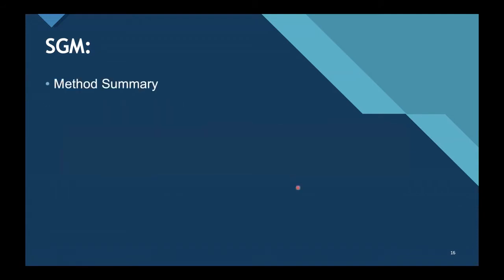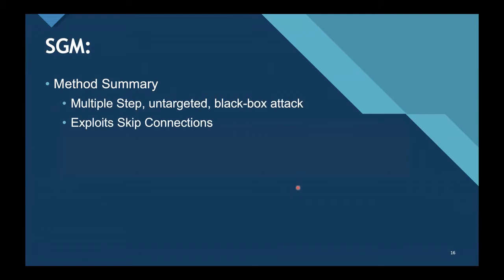So, a summary of SGM: it's a multiple step untargeted black box attack, and it exploits skip connections. It does not require any computational overhead, and it can be combined with existing attacks to boost their performance.